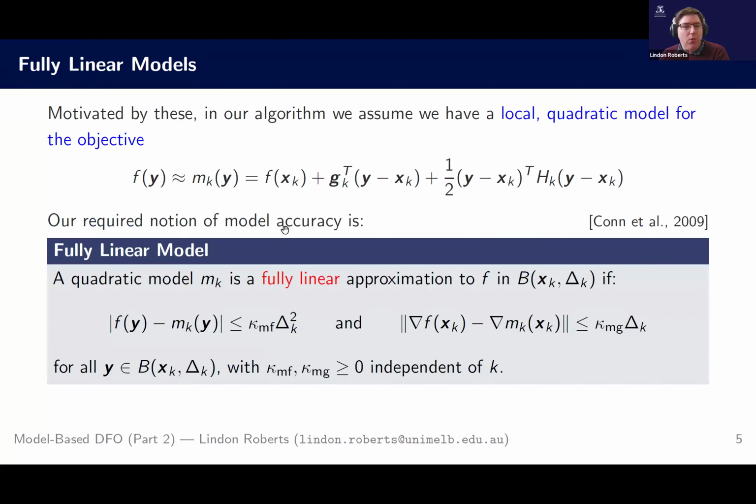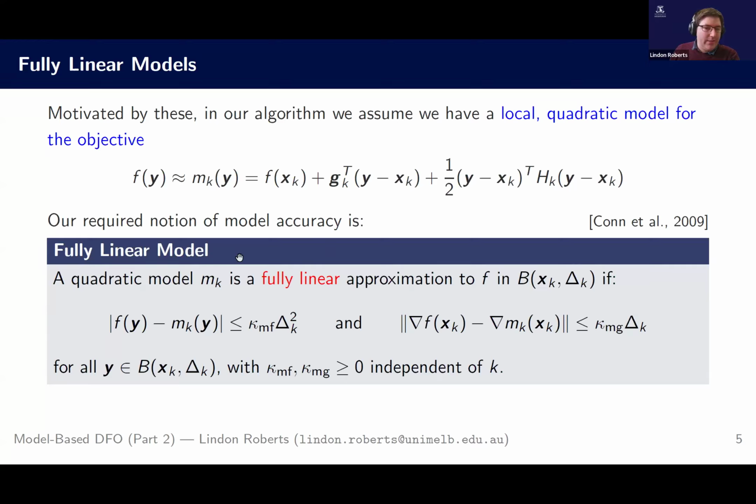What we're going to assume is that our model is sufficiently accurate. What that's going to mean is something termed fully linear, from a 2009 paper. To be clear, fully linear doesn't mean the model is linear. It means that the error bounds are comparable to a linear Taylor series. So the model here is still quadratic, but the error bounds are proportional to what you would get from a linear Taylor series.